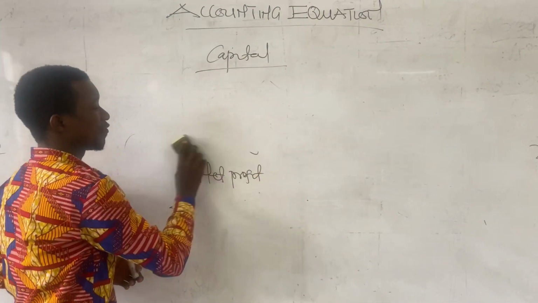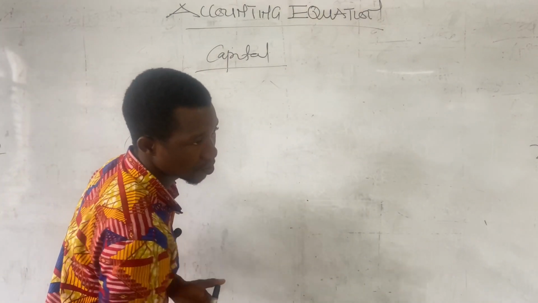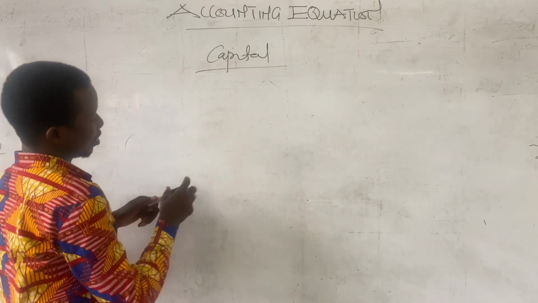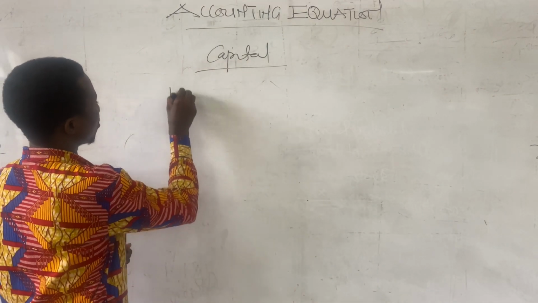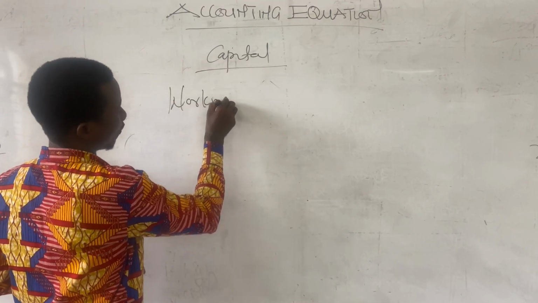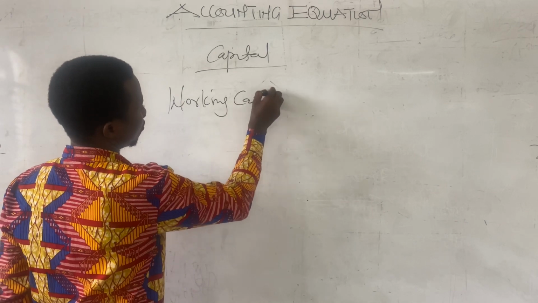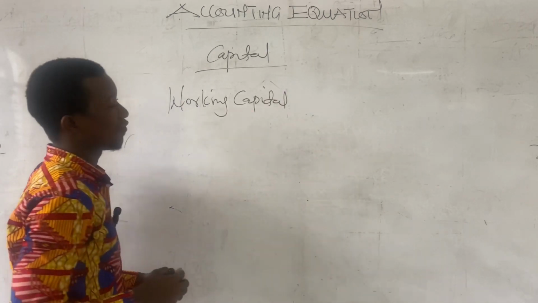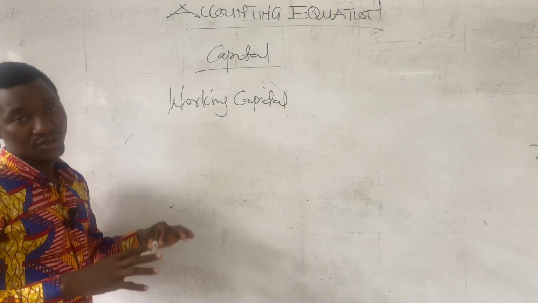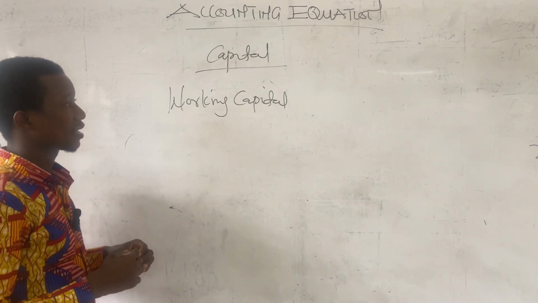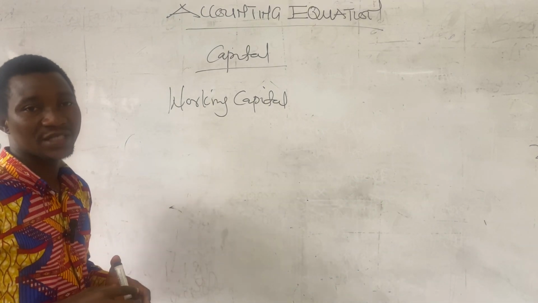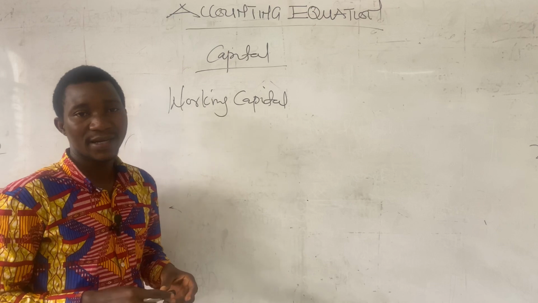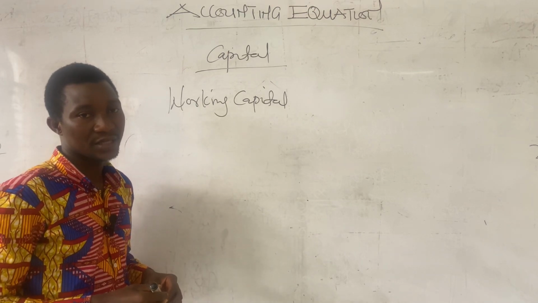So we have three different basic forms of capital. We have what we call working capital. So what is the meaning of working capital? It is the amount of capital that is being used to run the day-to-day activities of the business.